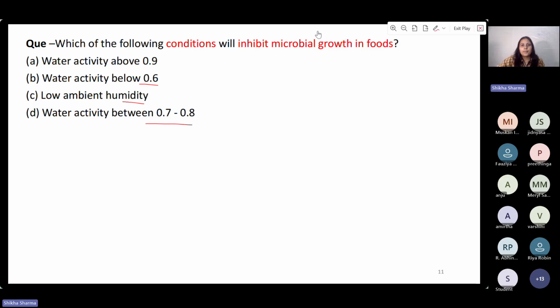Anyone who would like to share their opinion on this question? Shivaswamy and Fosia are saying B, which is water activity below 0.6. Okay, let's see.